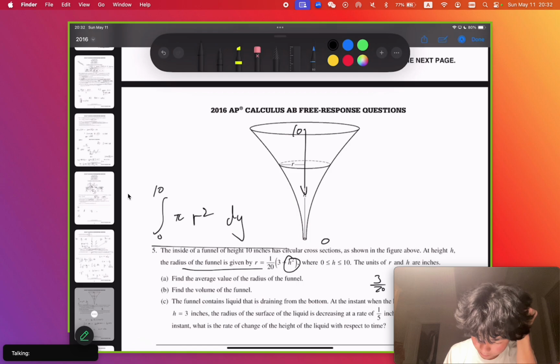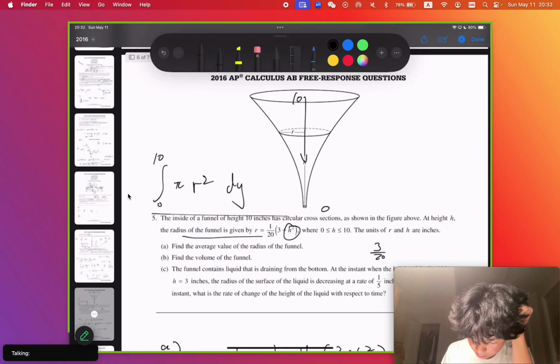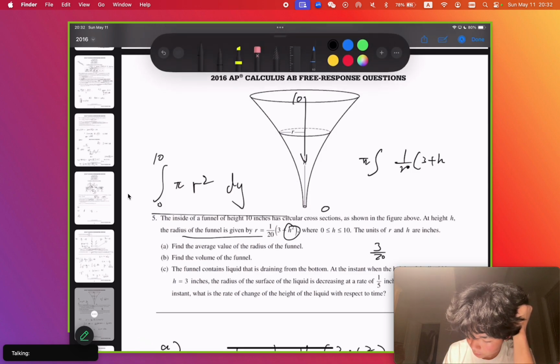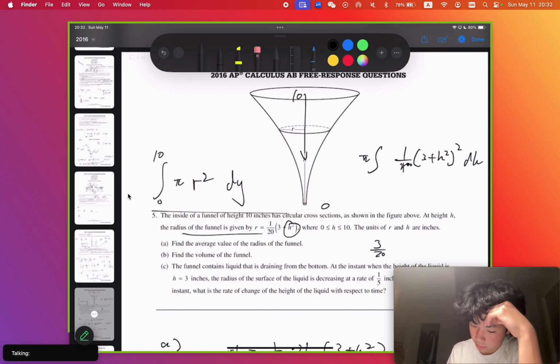Okay, and then you want to represent r in terms of h, and then the volume will be, you don't even have to think about the graph because it's just like a picture. It's a diagram of a volume. And yeah, this is not dy, this is dh. This is it, 0 to 10.